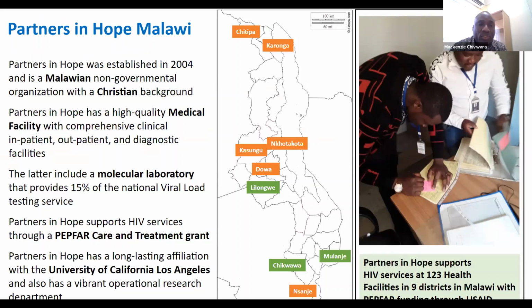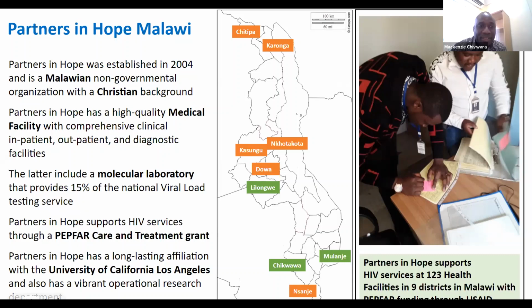We are also supporting the national viral load testing in Malawi, and we are also a molecular lab for viral load testing in Malawi.